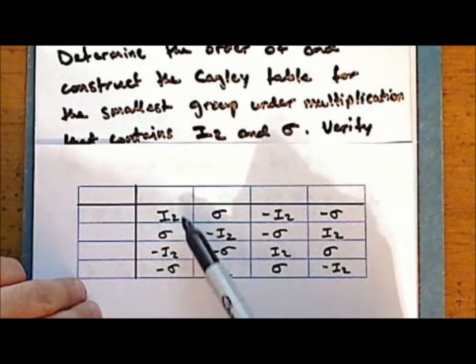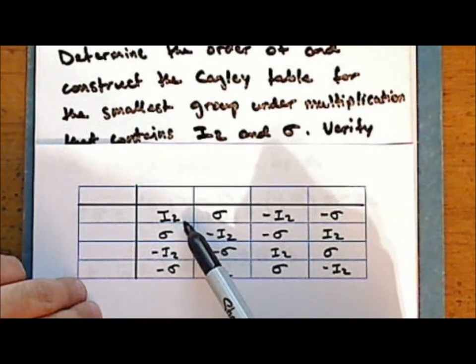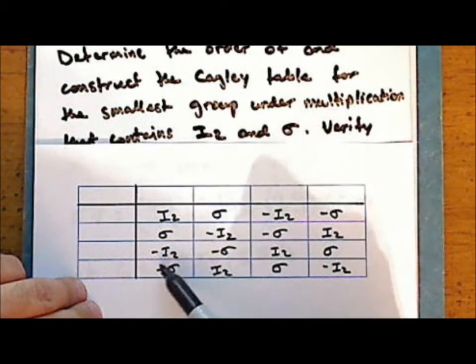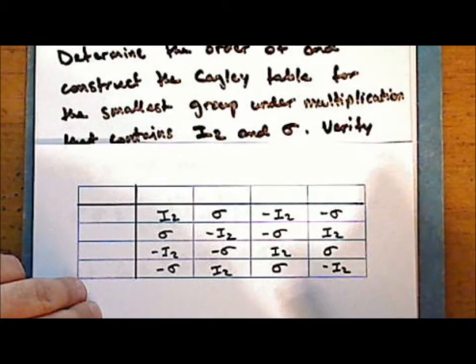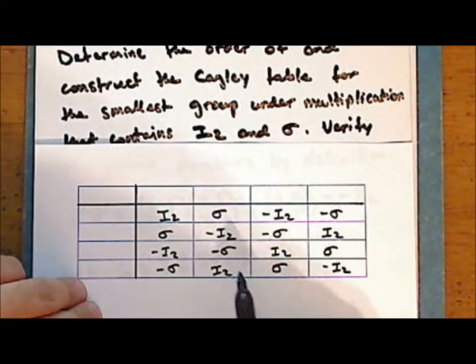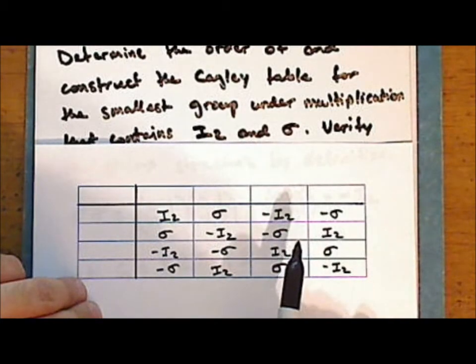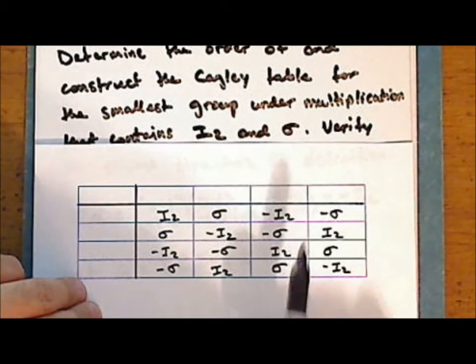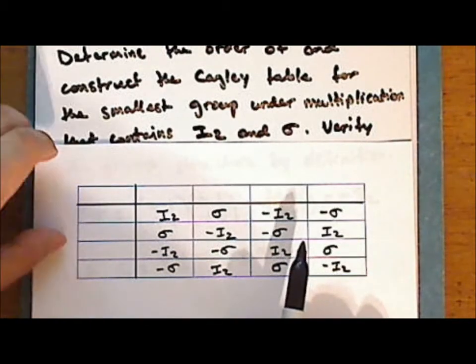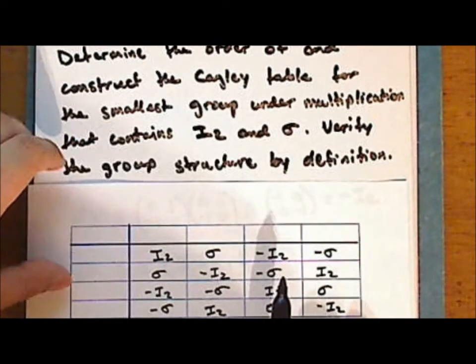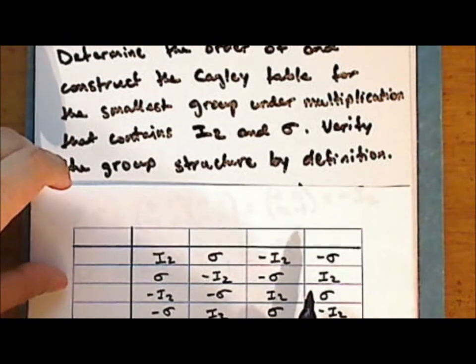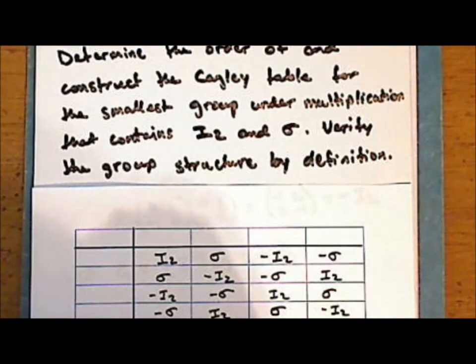Further notice that this table, the Cayley table for this structure, is identical to the Cayley table for the integers modulo 4 under addition, and so this is indeed a group. It is, in fact, a group isomorphic to the integers modulo 4 under addition. But by the instructions of the example, we need to verify group structure by definition. So let's do that.